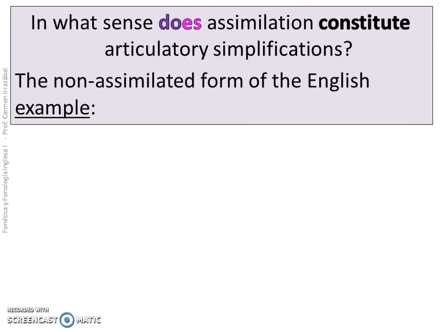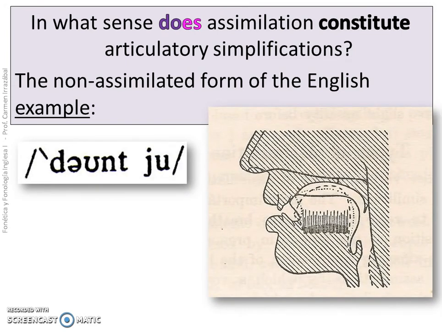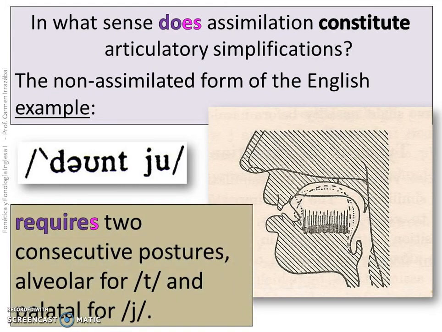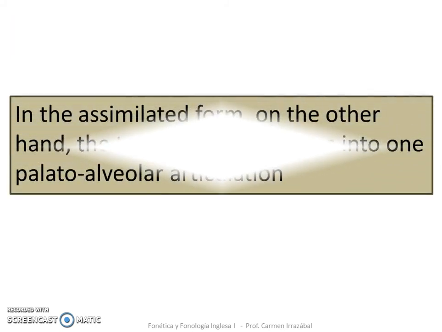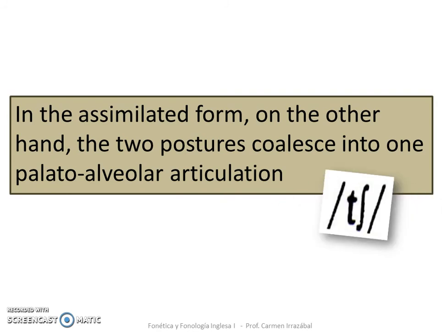If we look at the non-assimilated form of the English example we analyzed before, we can see that "don't you" requires two consecutive postures, two consecutive articulations, an alveolar one for the voiceless plosive and a palatal one for the semivowel. In the assimilated form, on the other hand, the two postures coalesce into a palato-alveolar one.